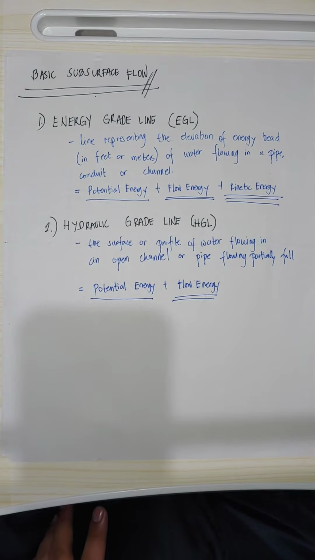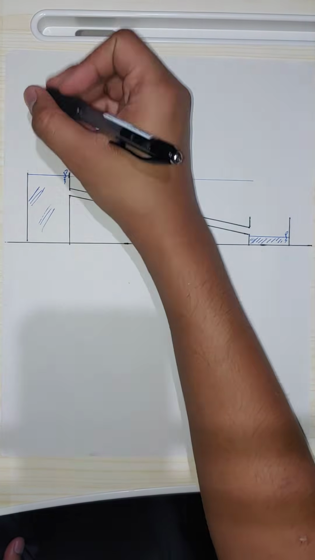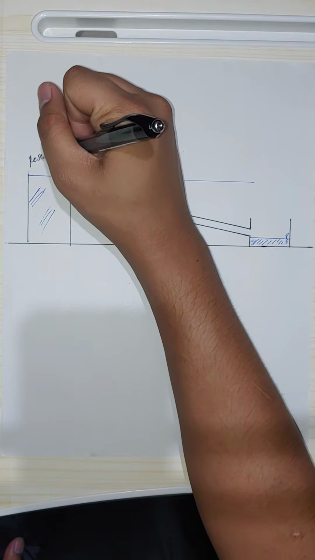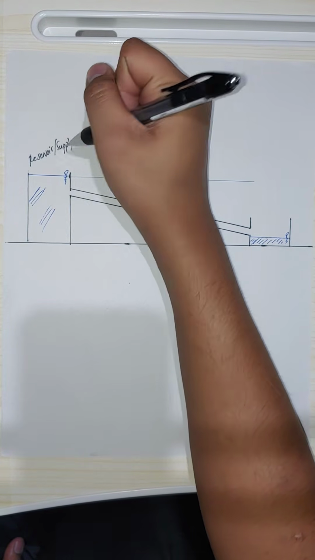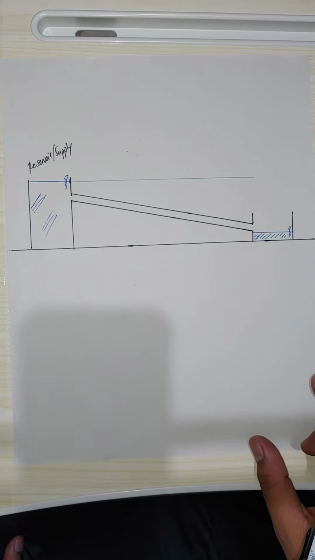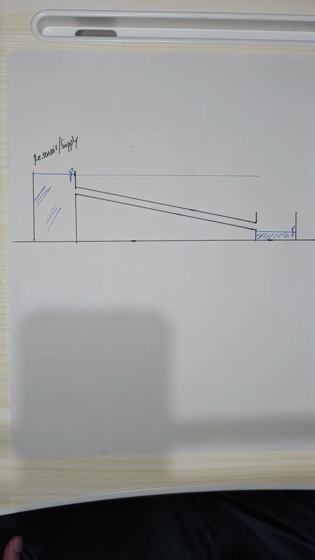We know that water flows. So we have a sample here: a reservoir, or let's call this our supply. We know that water flows from a higher point to a lower point.